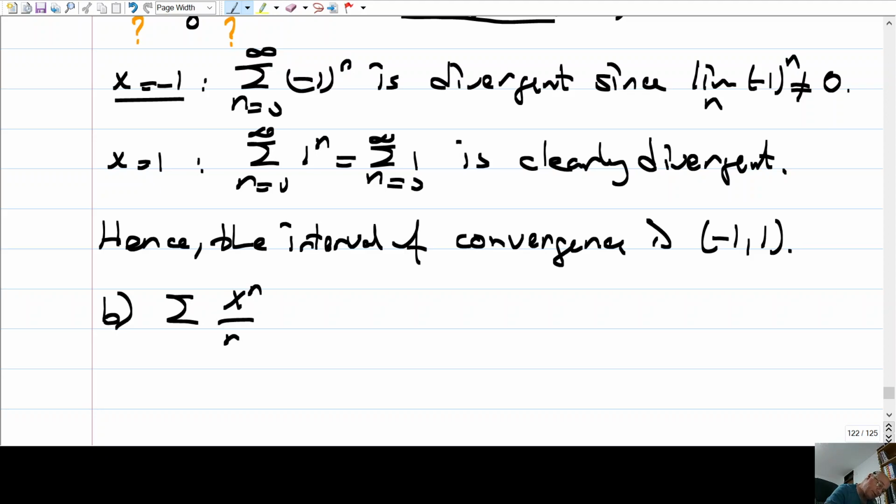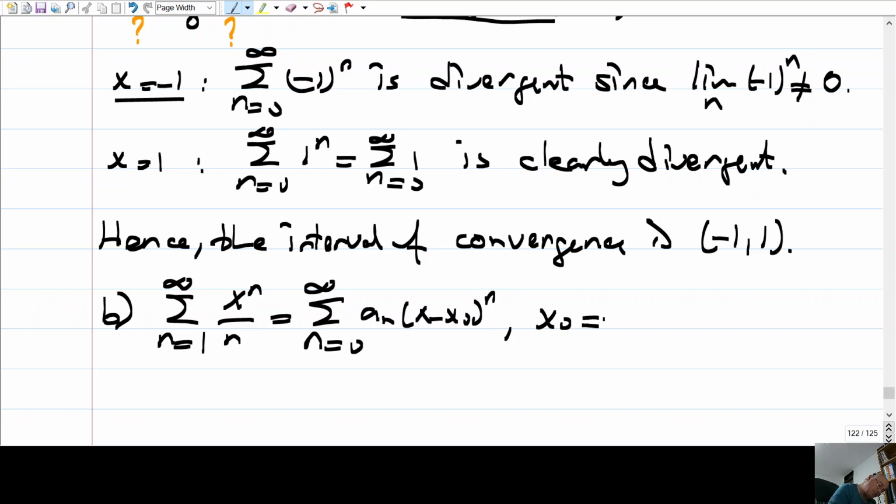X to the power n over n, from 1 to infinity. So if I compare this with the general form, we see that x0 is 0 again, and a0 is 0, and the others are just 1 over n.